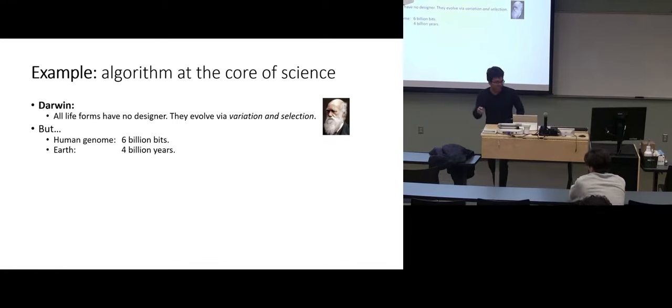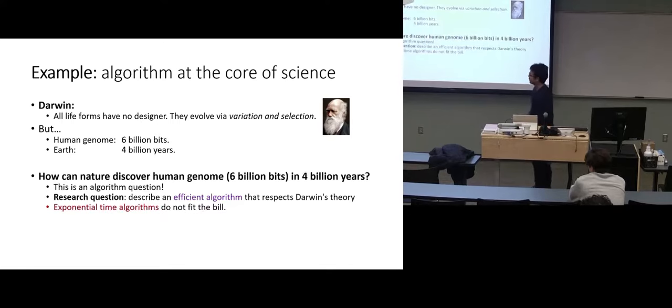But you see, the human genome is so long, billions of bits. How old is the Earth? Just billions of years. So the question is how exactly nature can discover this amazing genome of length billions of bits in just 4 billion years.